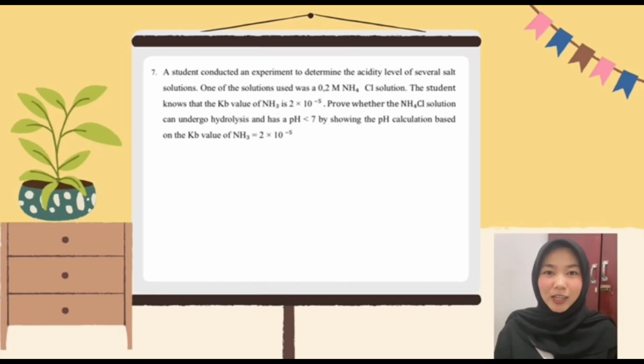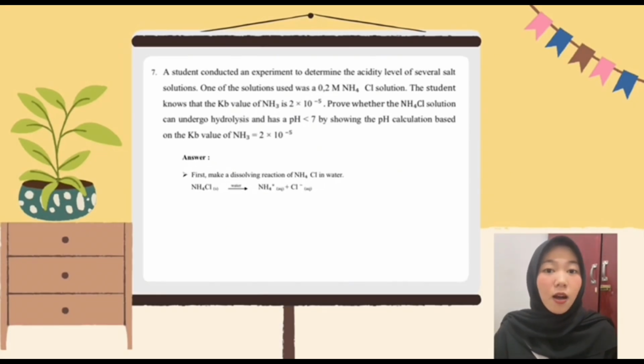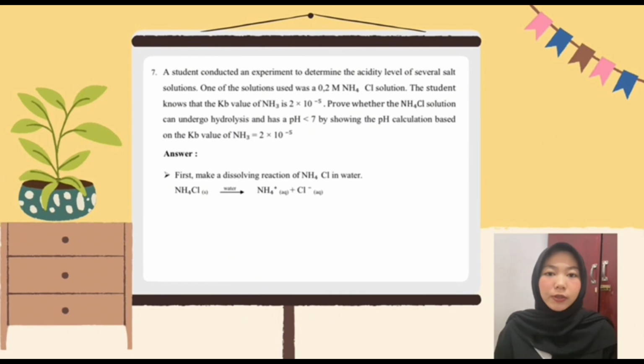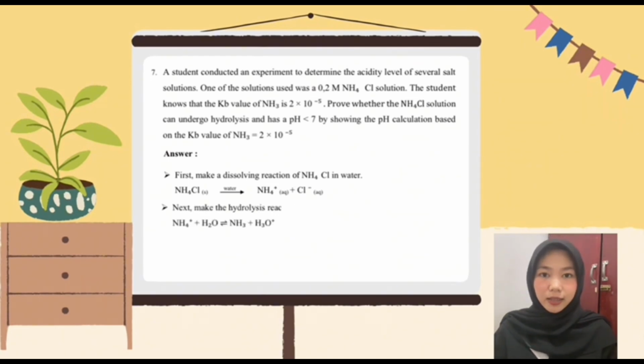Next, from question number 7, we can make a dissolution reaction of NH4Cl in water first, where NH4Cl produces NH4 plus aqueous plus Cl minus aqueous. Next, we make a hydrolysis reaction where NH4 plus plus H2O is in an equilibrium reaction with NH3 plus H3O plus.